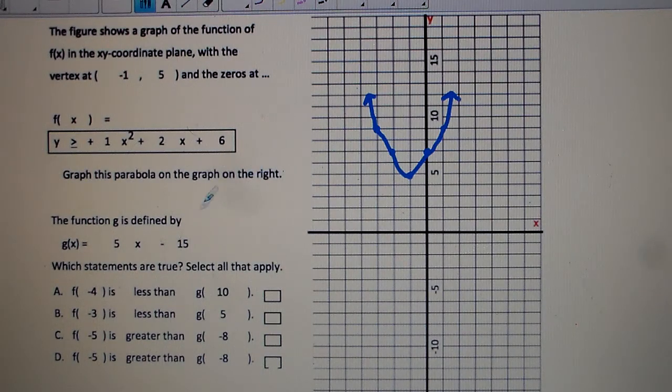The g of x function, which I'm going to do in red, is 5x minus 15. So we plot a dot at negative 15 because that's our y-intercept. Negative 11, 12, 13, 14, 15. And our slope is 5 over 1. Rise of 5, run of 1.